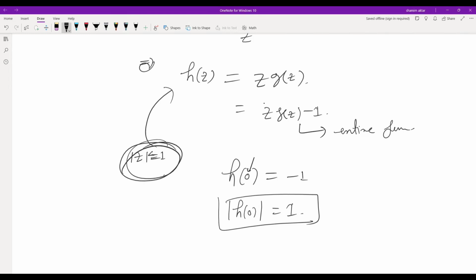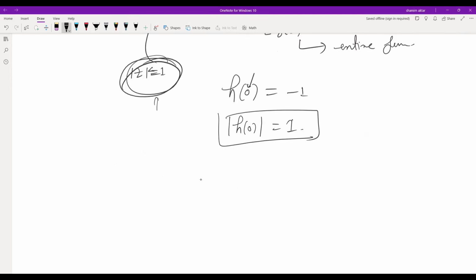The maximum modulus theorem says the maximum is attained at the boundary, so the maximum of |h(z)| over |z| less than or equal to 1 is equal to 1.